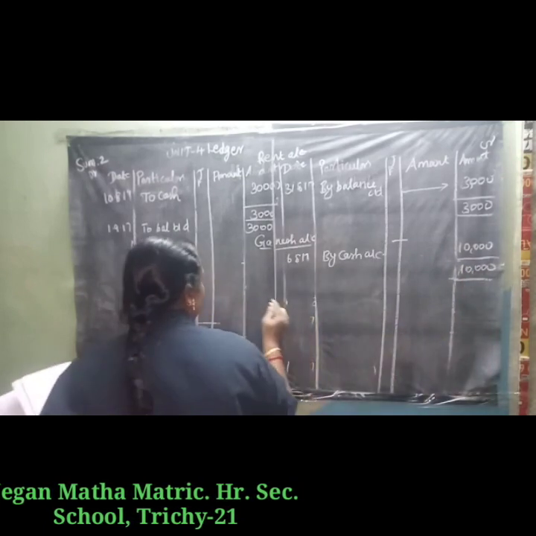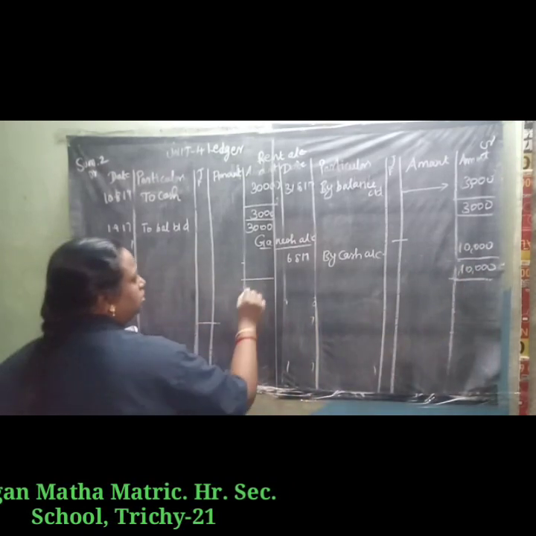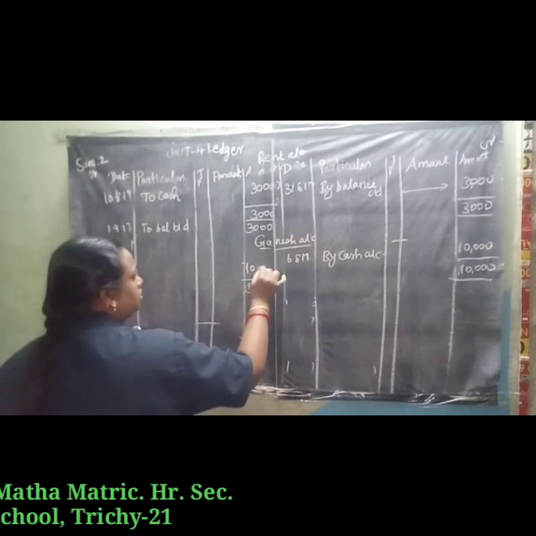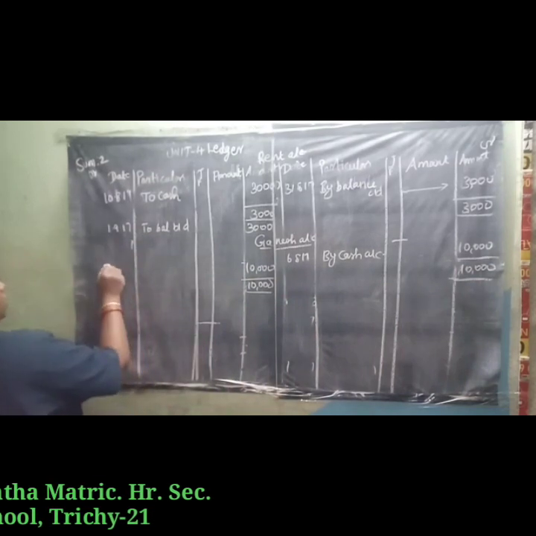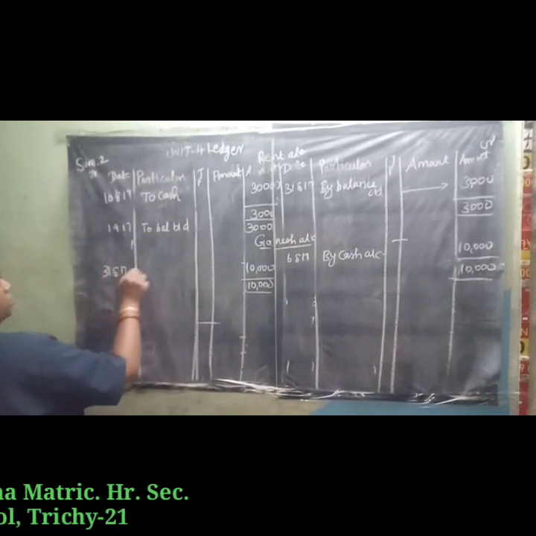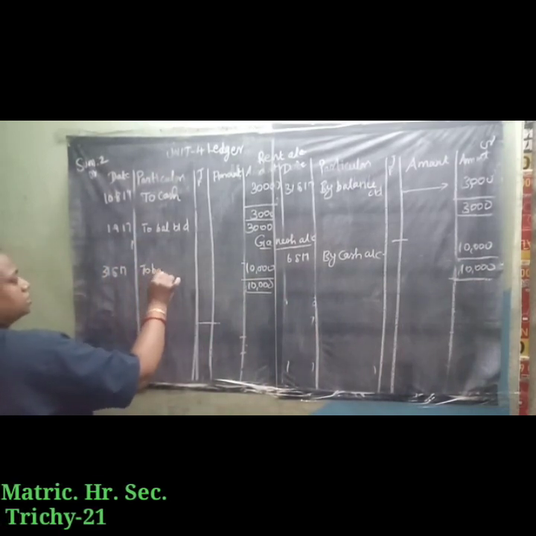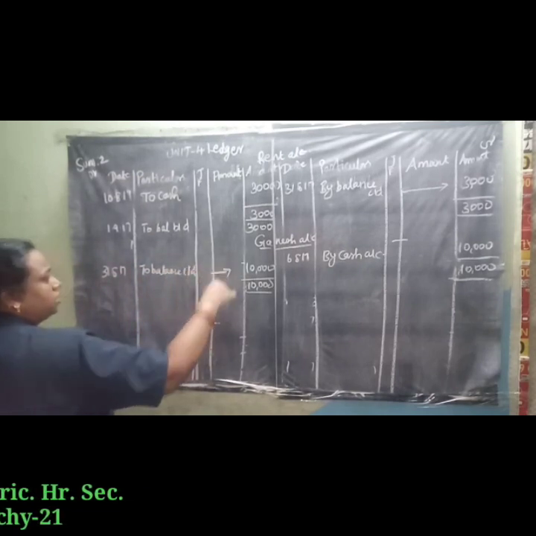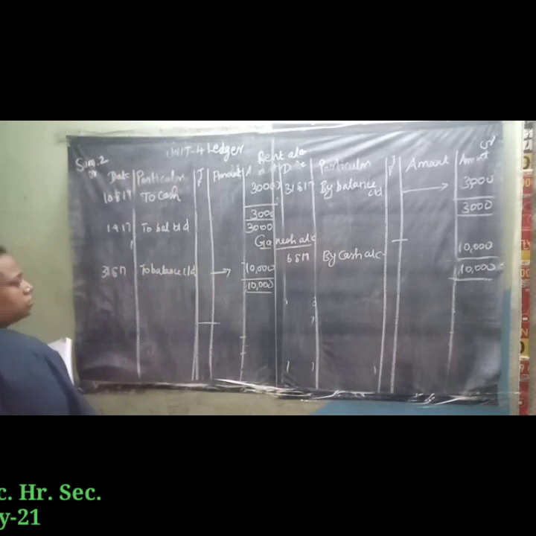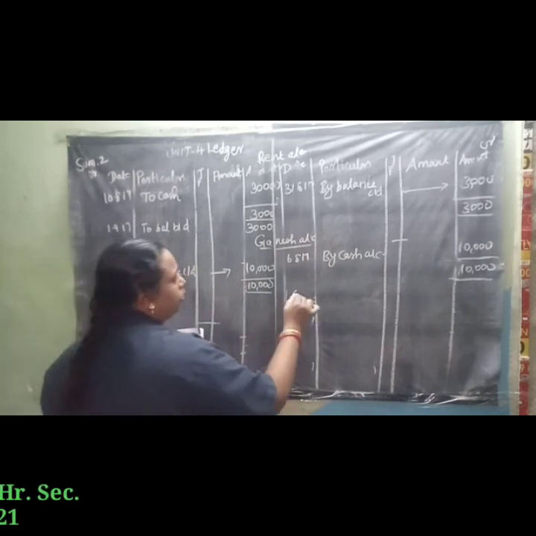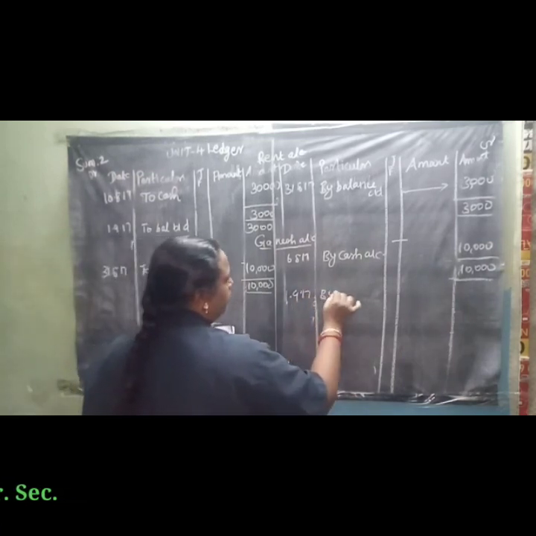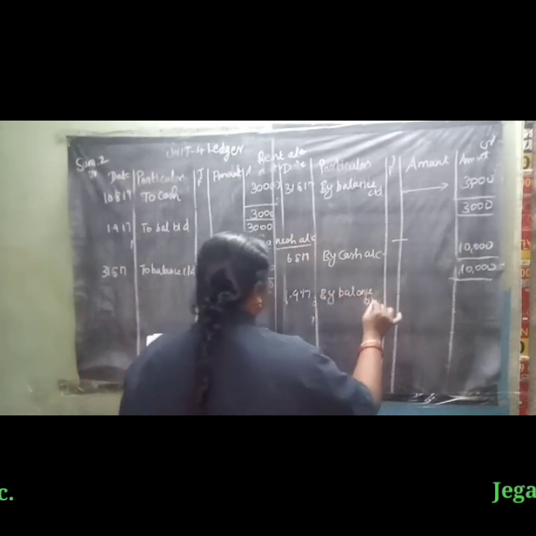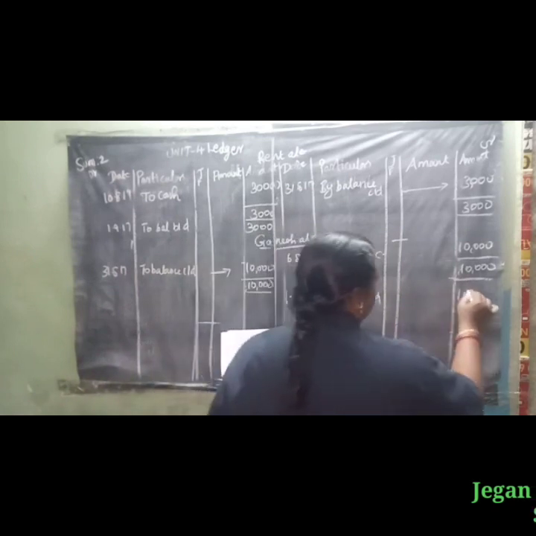Bring it to the debit side 10,000, 31/8/2017, to balance carry down 10,000. Then bring it to the credit side, 1/9/2017, by balance brought down 10,000.